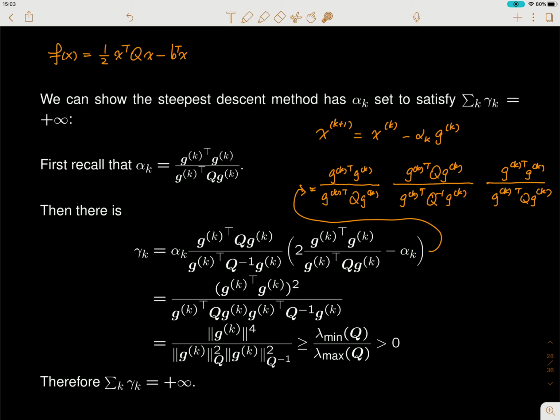The reason is, if you have x as an eigenvector of some matrix Q, so Qx equals lambda x, say, then Q squared x will be equal to Q times Qx, and Qx is lambda x.